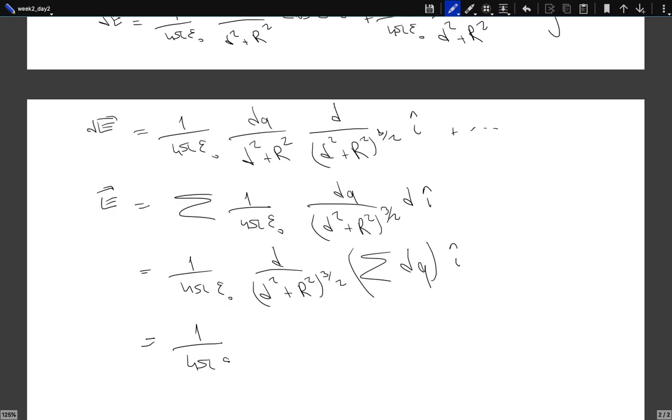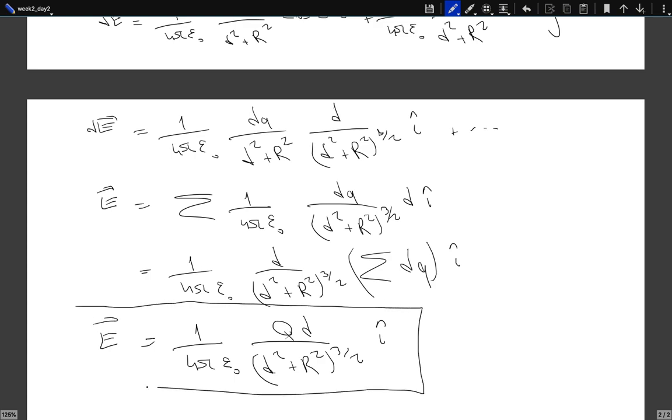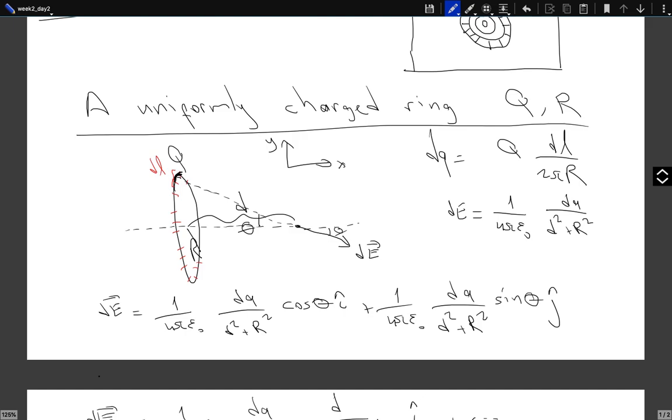So we get 1 over 4 pi epsilon 0, q times d divided by d squared plus r squared to the power 3/2 in the I direction. This is the electric field created by the ring on a point along the line passing through its center.